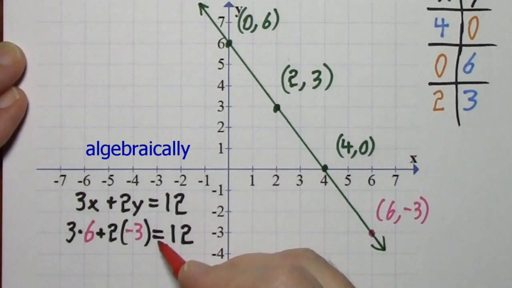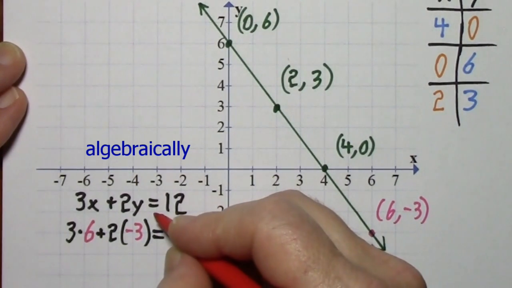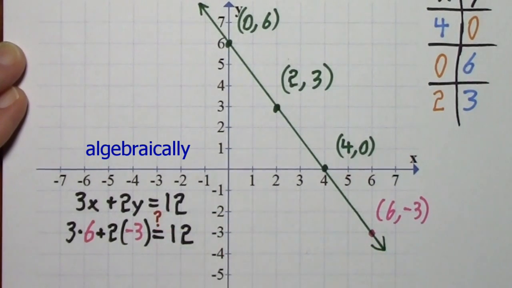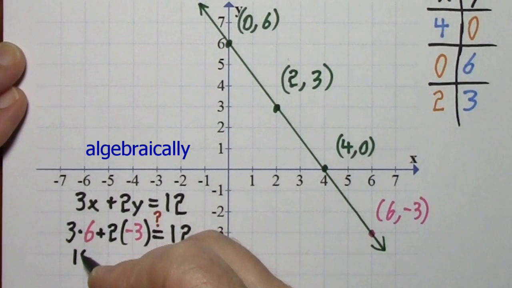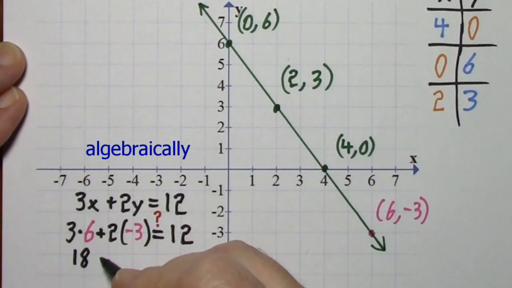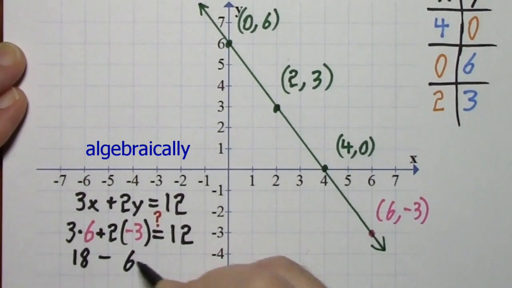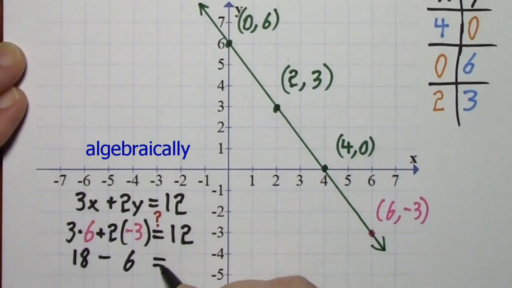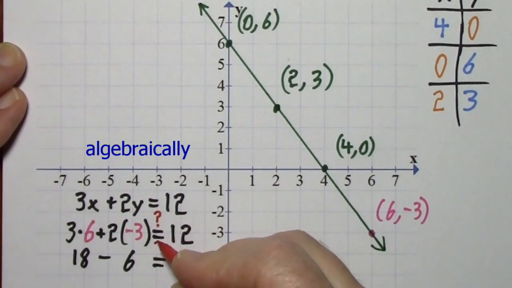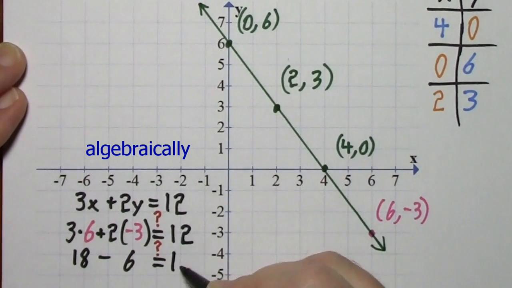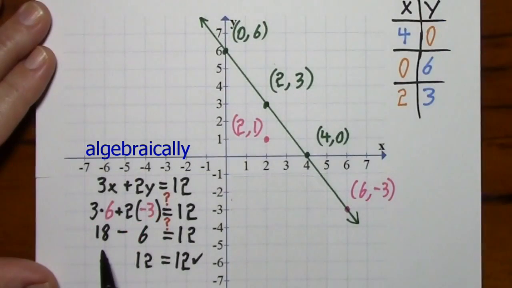I want to emphasize I don't know that it's equal at this point, so I'll put a question mark over the equal sign. So what do we have? 18 minus 6, is this equal to 12? 18 minus 6 is 12, which is certainly equal to 12. And with that true statement, we've shown that (6, -3) is a solution.